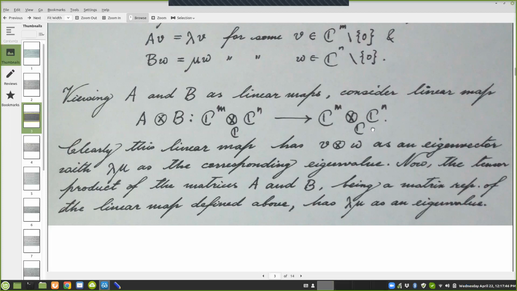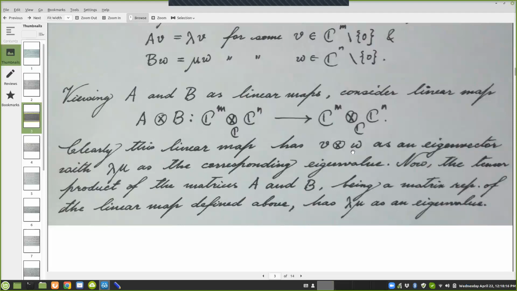And now, just to conclude that it's an eigenvector, one has to make sure that this is non-zero, and that's quite easy. If you take the standard basis of C^n and C^m, since v is non-zero, when it is written as a linear combination of standard basis vectors, one of the coefficients will be non-zero. Same for w.